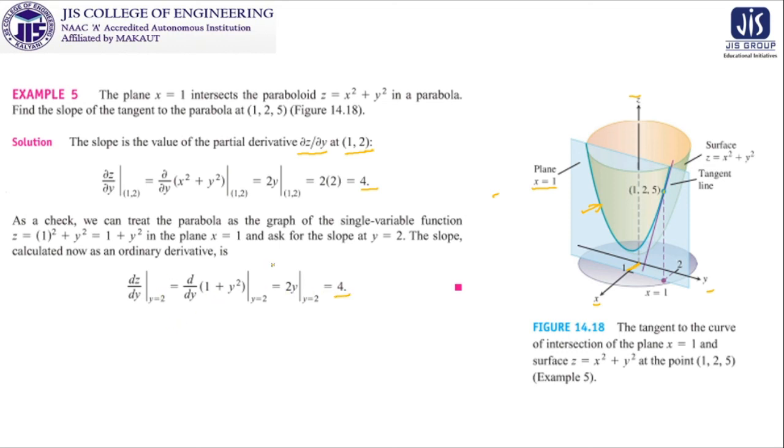This check means that instead of visualizing this from the several variables concept, if only this parabola is given and it is asked to find the slope of the tangent at 1, 2, then you are just adding some surfaces, some ornaments on that particular part, and upgrading the concept from the plane to space, but ultimately the value remains the same because you are asking the same question in a different manner.